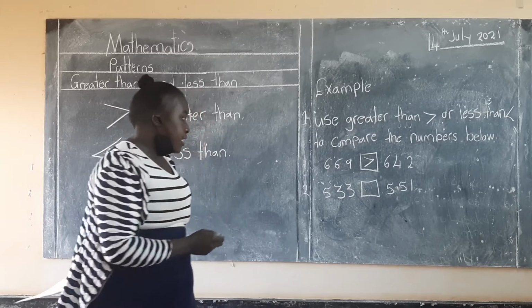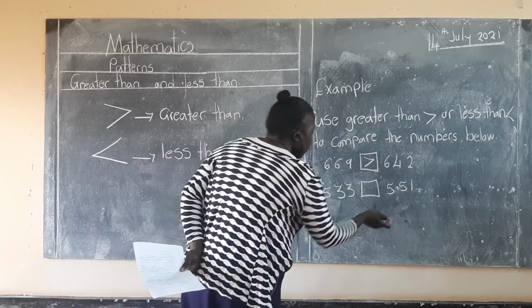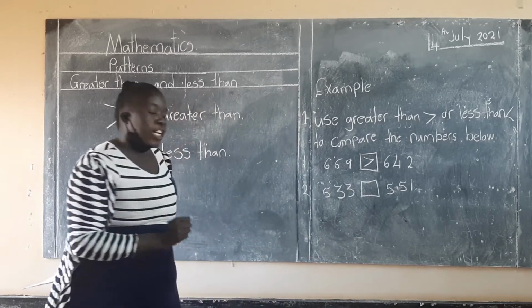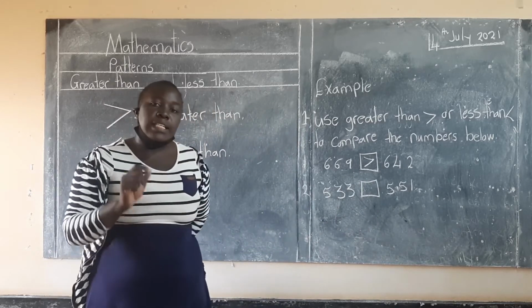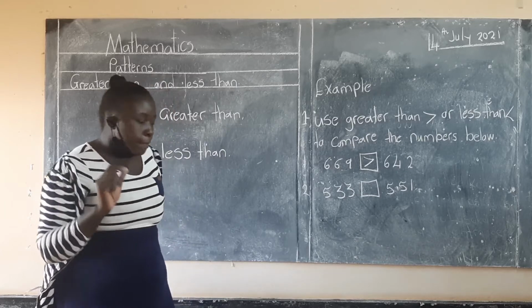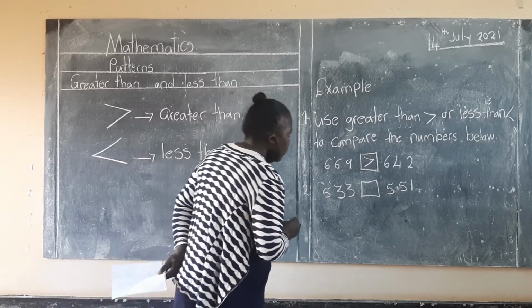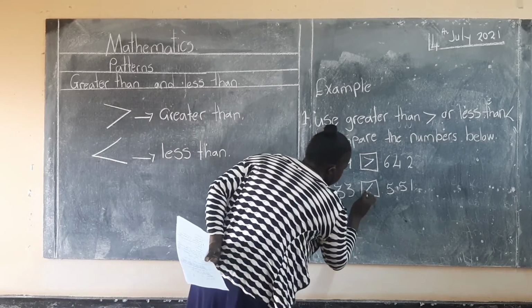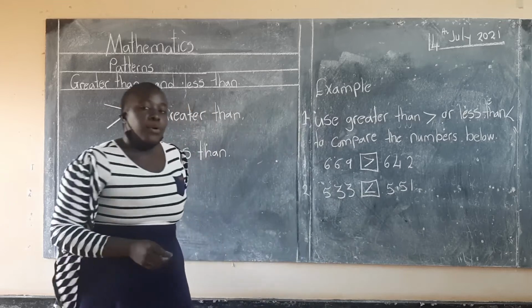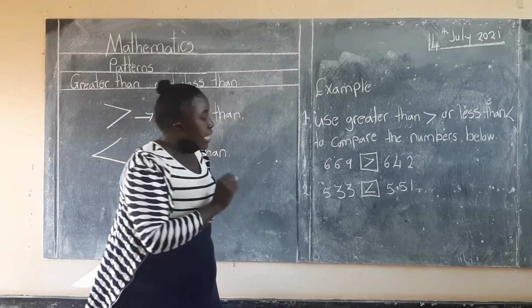In this case, the first number is smaller than the last number. 533 is less than 551. So the symbol that is supposed to be here is the symbol for less than. 533 is less than 551.